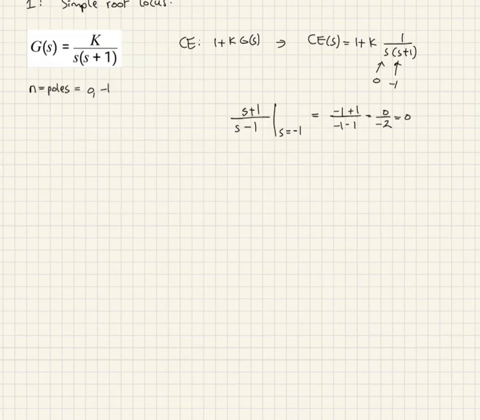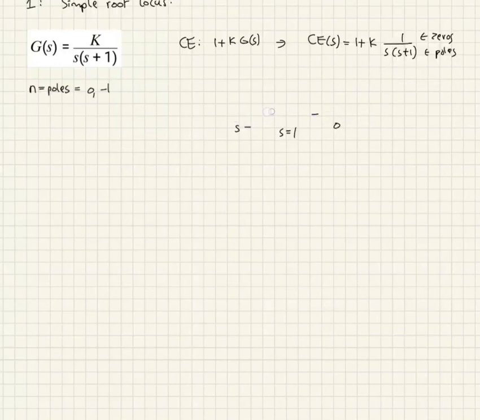So by zero we mean the value that makes the whole equation equal 0, and that's why we call it a zero. For the pole, it's just the inverse. If you say s is 1, it's going to be 2 over 0, and 2 over 0 is just infinity. So that's why we call them poles and zeros. The top part is called zeros, the bottom part is called poles.